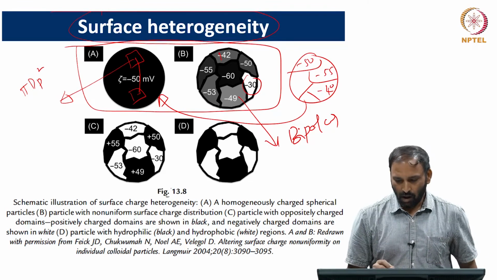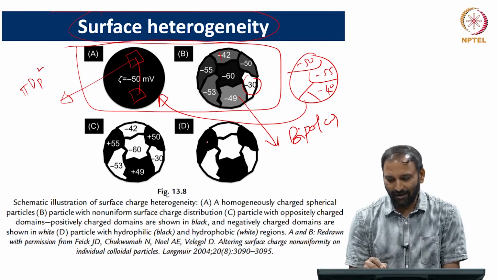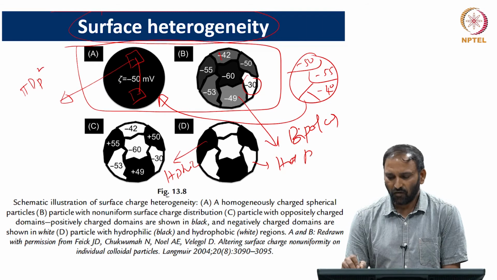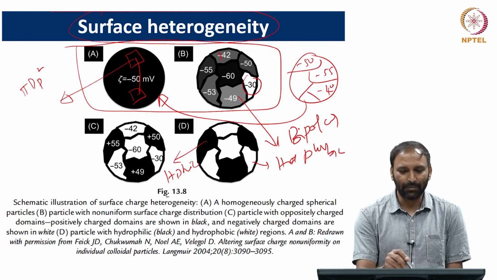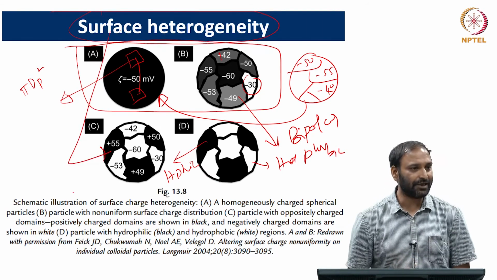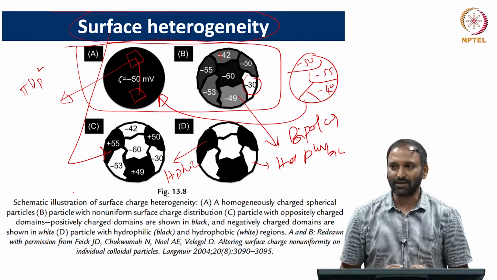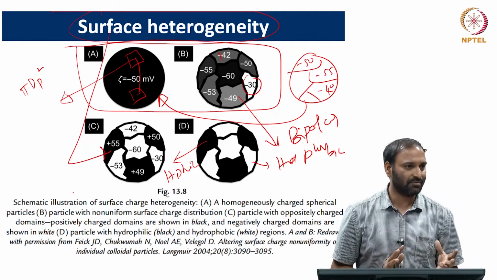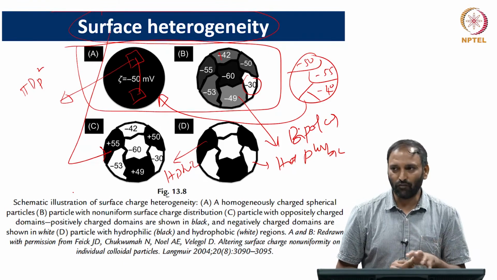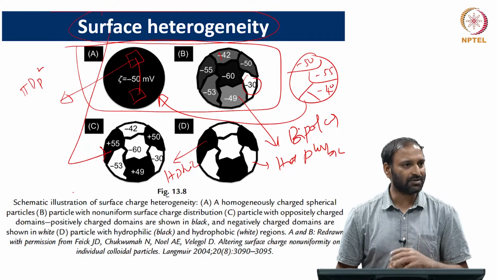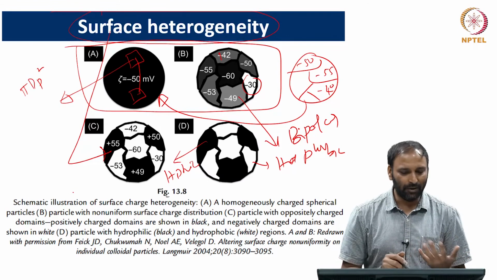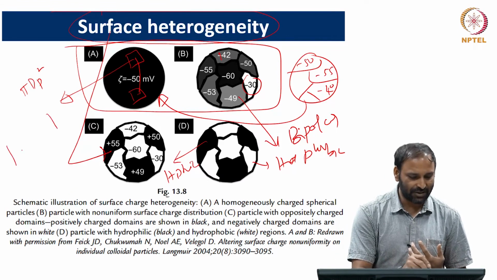Or you could have cases where I have some region which is hydrophilic or hydrophobic. These are examples of surface heterogeneity, chemical heterogeneity, and such things are more difficult to characterize. It involves more advanced techniques, for example, I was talking about electrophoresis.